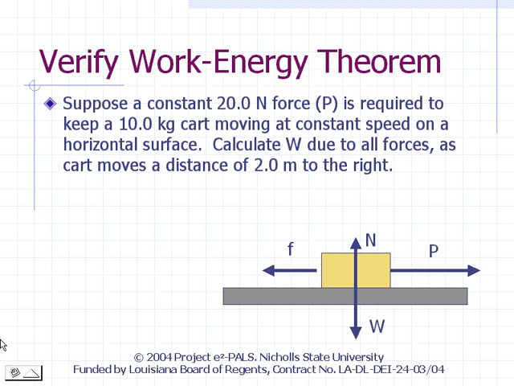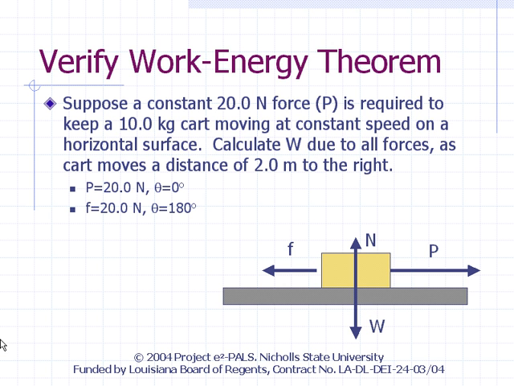In the preceding problem, we have identified the forces acting on a cart moving at constant speed on a horizontal surface. P equals 20 newtons. Theta is 0 since P is pointing to the right, that is, in the same direction as the displacement. The frictional force F is also equal to 20 newtons, directed in the opposite direction.